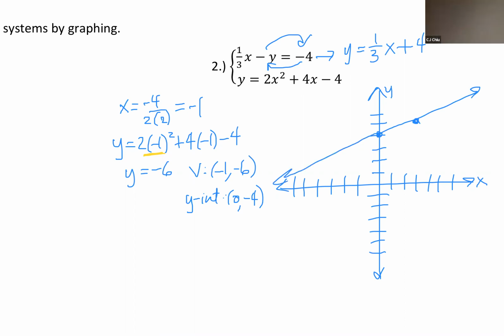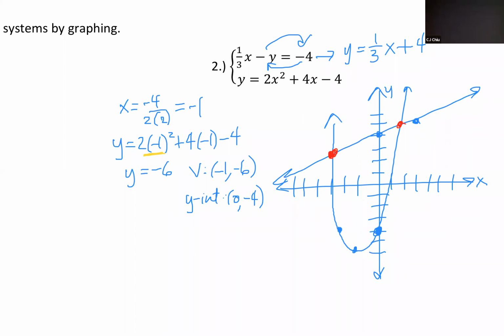For the parabola, negative 1, negative 6. Y-intercept at negative 4. So then 1 over to the vertex and then 1 over to get the third point. So kind of come up here so it intersects the line. All the way up here, there you go. Okay, so then your 2 points where they intersect are your solutions, don't forget that, okay?